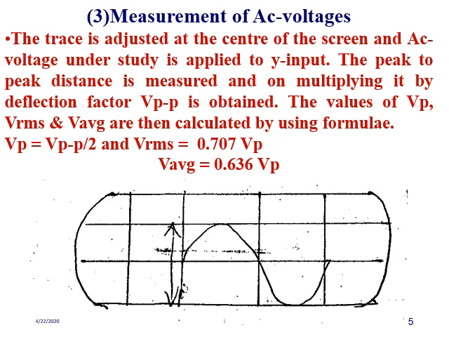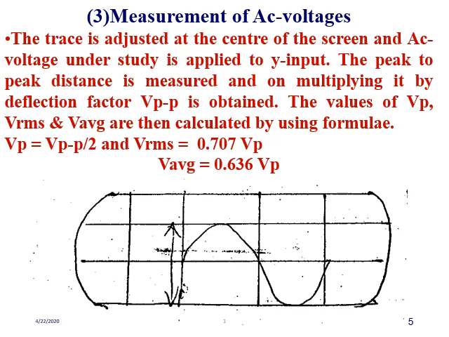After getting the sinusoidal voltage applied to the Y plate, we have to measure the peak to peak distance, as shown in the figure. Suppose in this figure the peak to peak distance is 2 centimeter, and we have to note down the position of vertical amplifier, that is deflection factor.